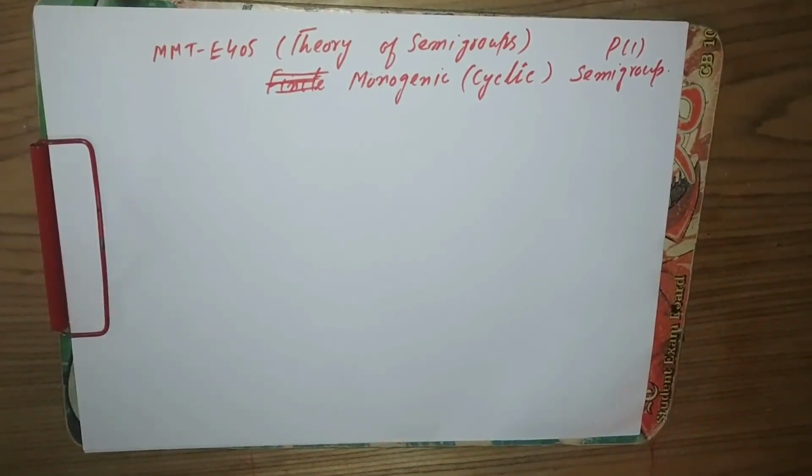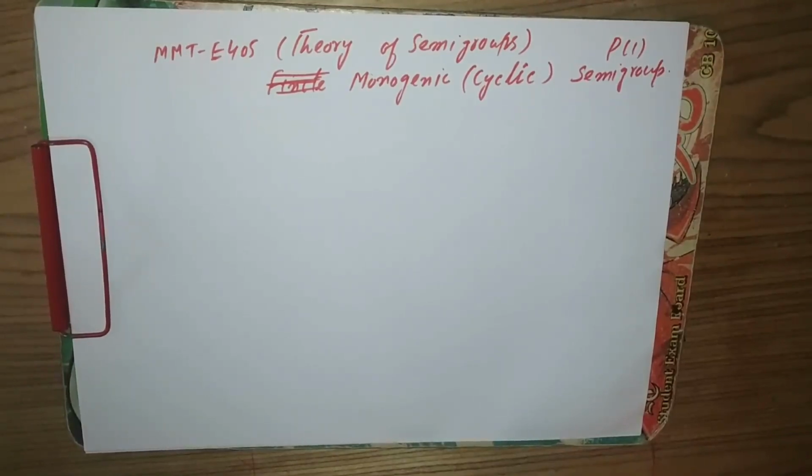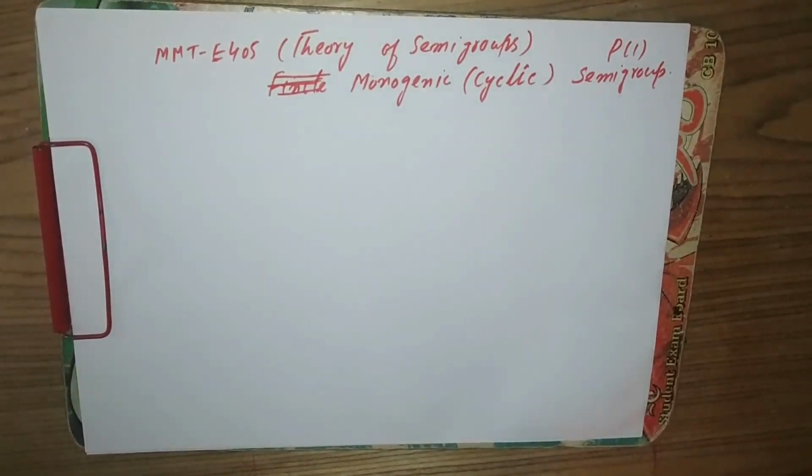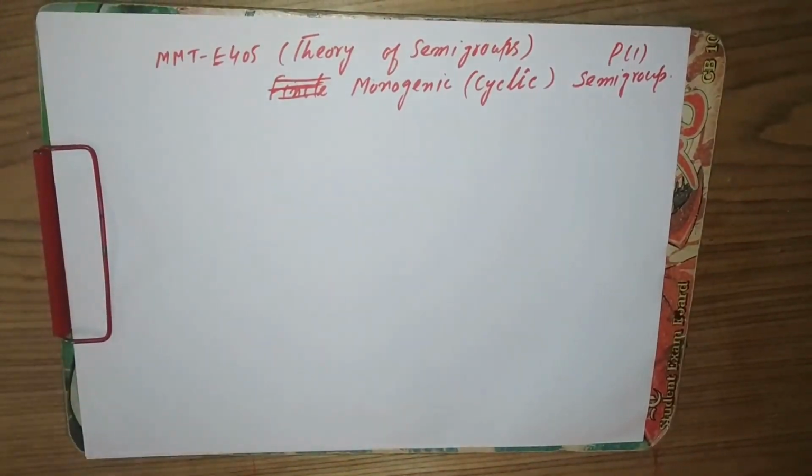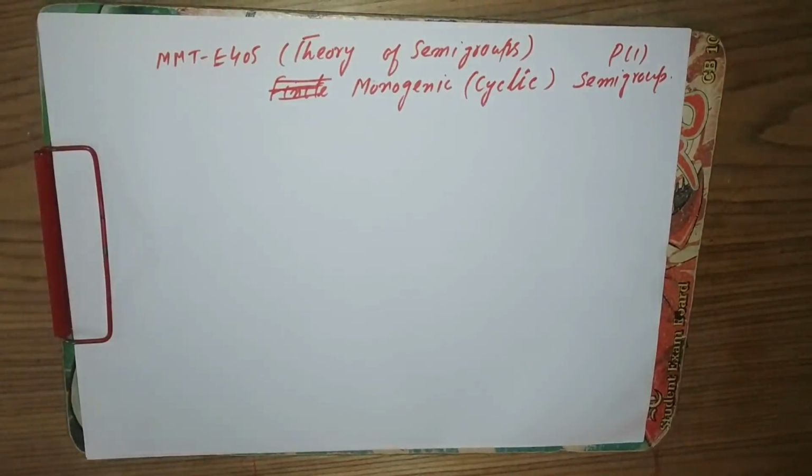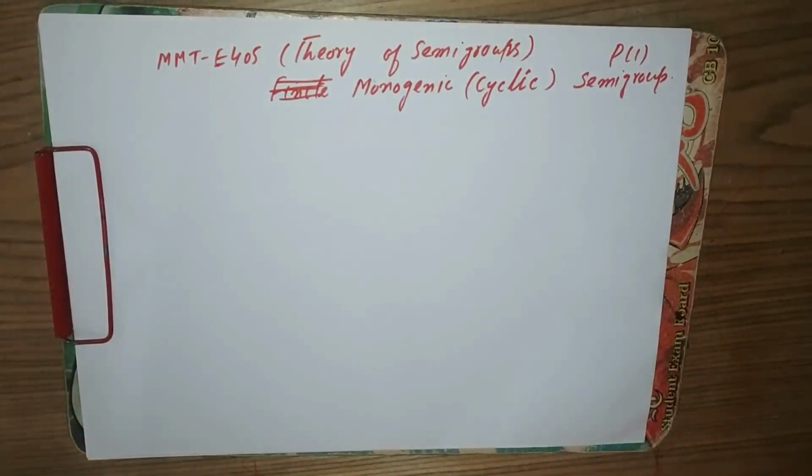So we have to impose some condition on that class of sub-semigroups, so that the intersection of those sub-semigroups will be a sub-semigroup of a given semigroup. So let's discuss it in detail.